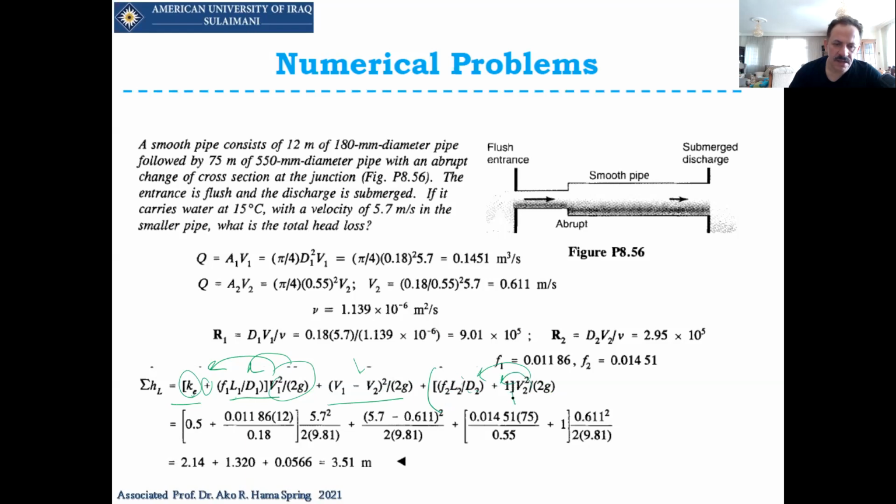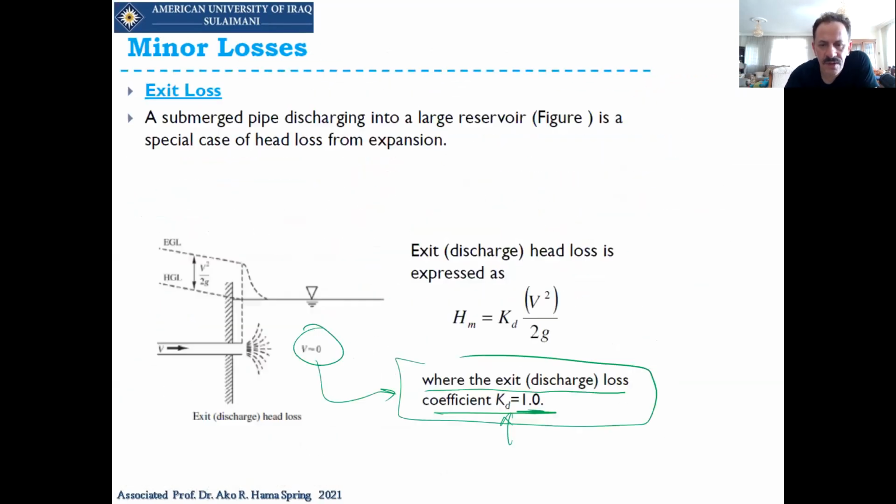And this is the K_D. K_D is the discharge coefficient, because the velocity here could also be 0. In this case, K_D will be equal to 1 when we have the exit discharge loss coefficient.